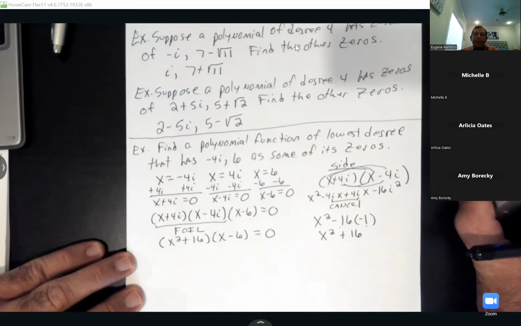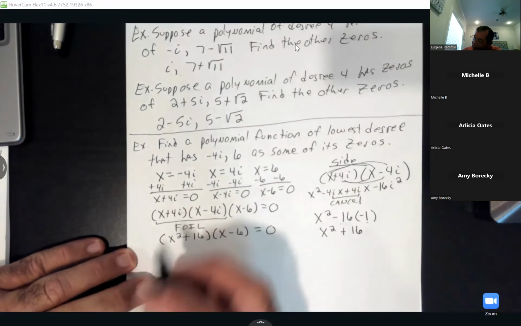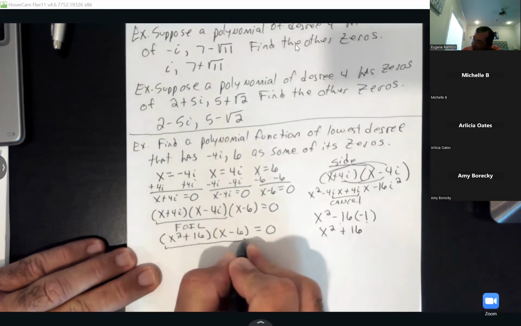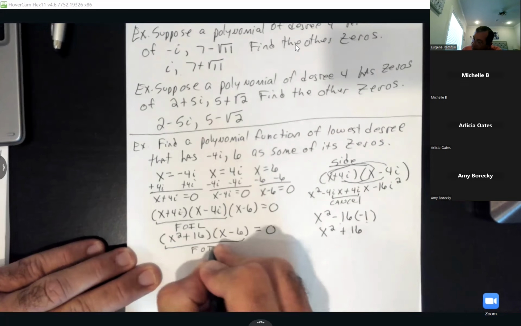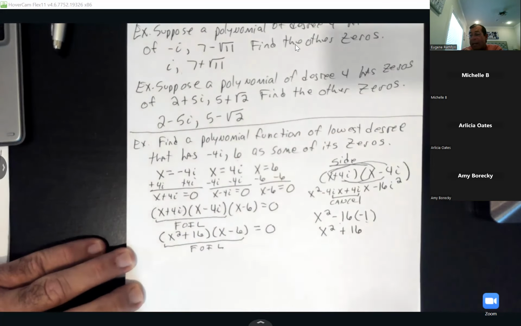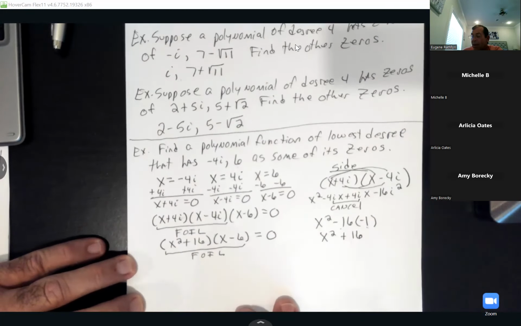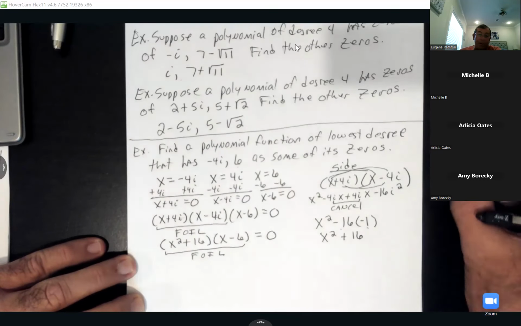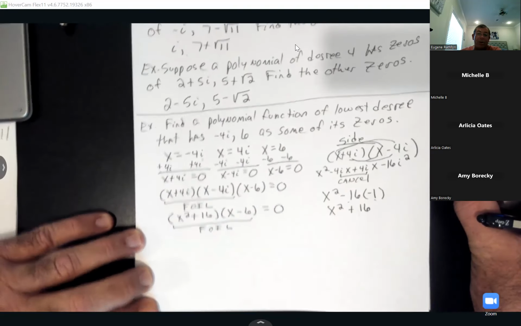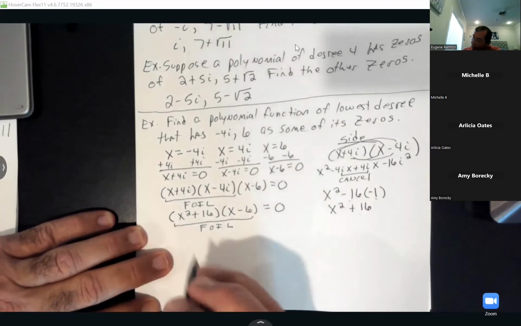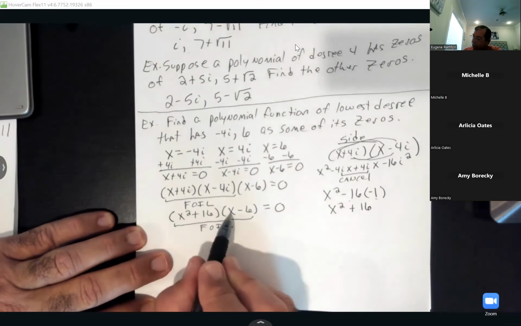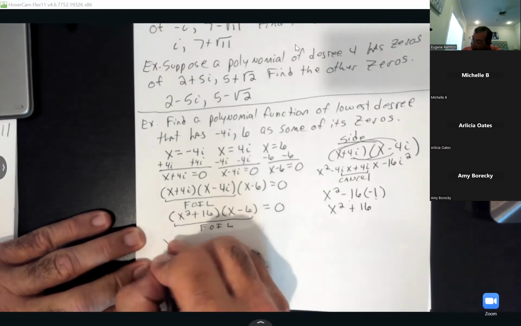So if you notice, all we got left is to FOIL these two now. So if you were weak at FOILing before today, after today's homework, you'll be pretty good at it, okay? Because that's all you're doing. A lot of this is FOILing. All right, y'all, let's see what we get. X squared times x is x to the third.